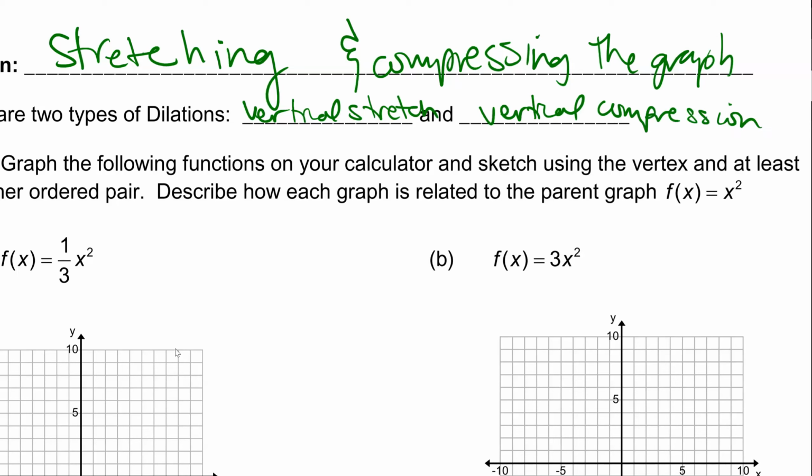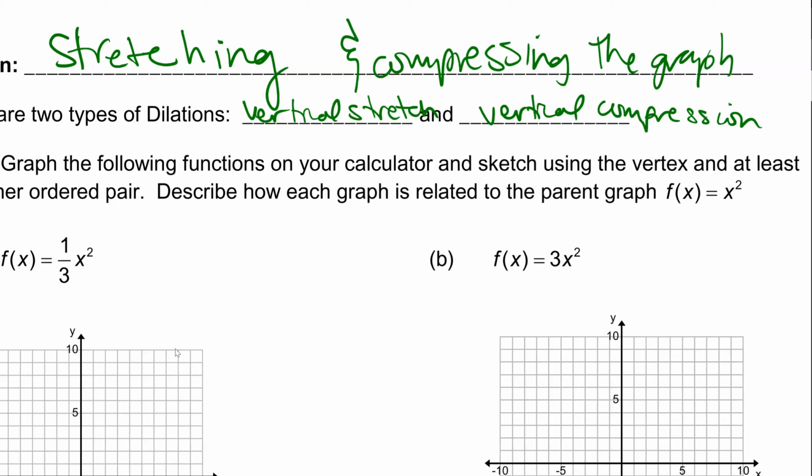Before we even graph this on our calculator, we need to know what it's going to look like. But you already know what it's going to look like. Thank you, Chapter 2. We studied absolute value. If I have a number between 0 and 1 in front of my absolute value, what's happening to it? It gets wider.